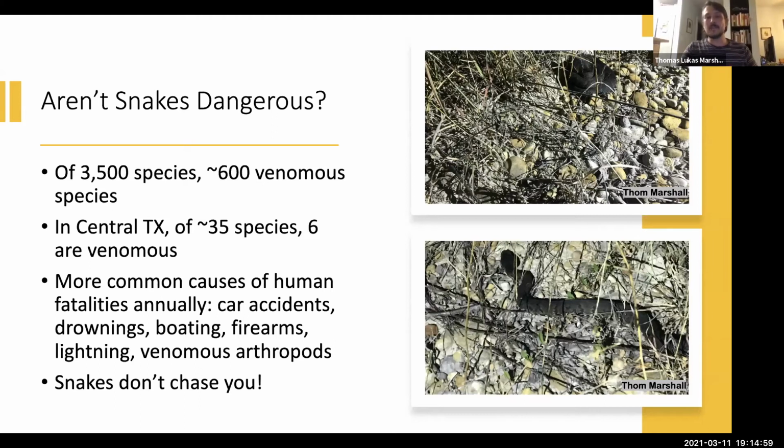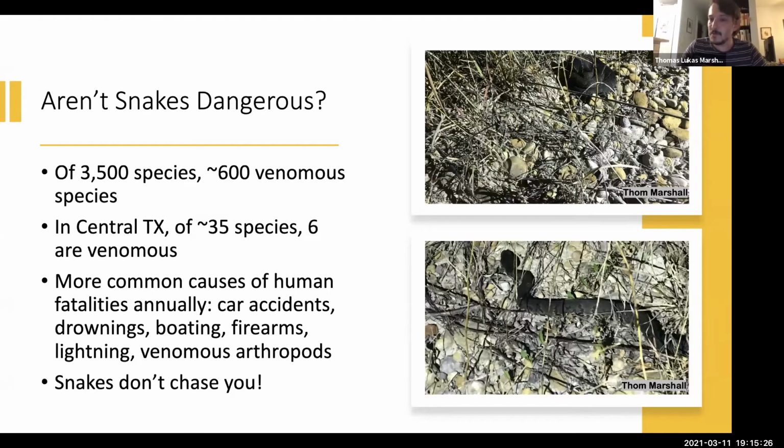It's a popular misconception that some snake species are very aggressive and will chase you. This is not true. Snakes view humans as potential predators, and their goal is to escape from them. One species here in Central Texas that seems to particularly have this reputation is the cottonmouth. I'm showing pictures of a cottonmouth that I encountered along a creek last summer.